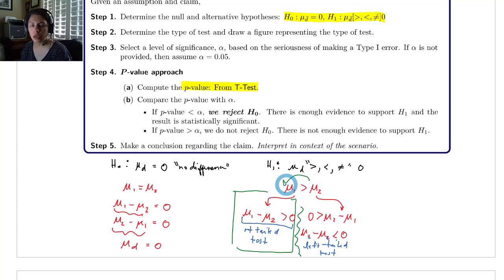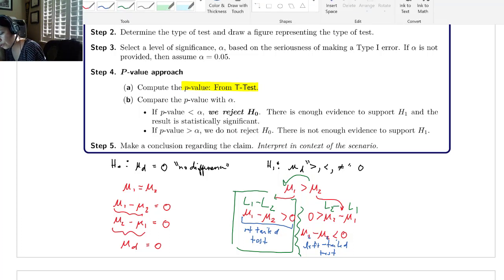It just goes in the order of your problem. So in your calculator, you're going to have list 1 minus list 2. If you have mu sub 2 minus mu sub 1, this becomes list 2 minus list 1. But I encourage you to do list 1 minus list 2, and just keep it that way.